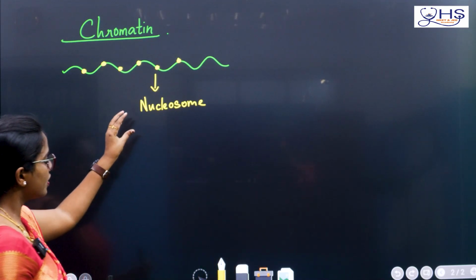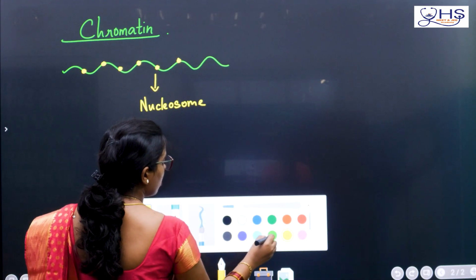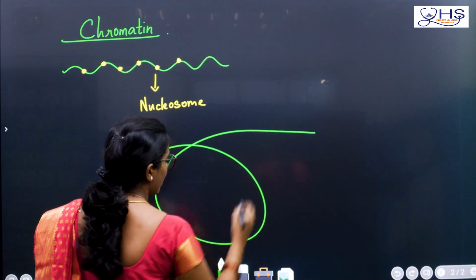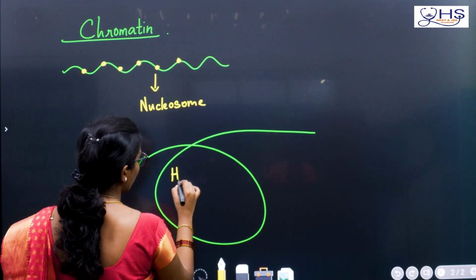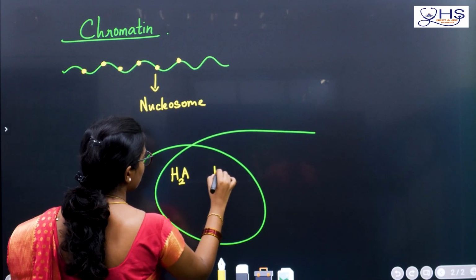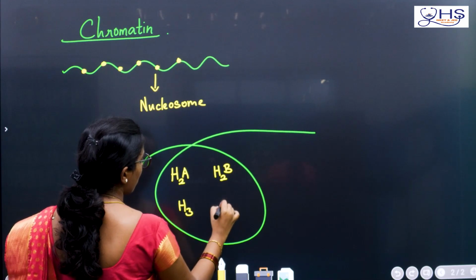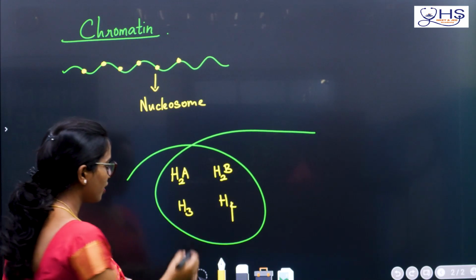Now, if we zoom in on the nucleosome, what is this nucleosome actually made up of? It is made up of proteins called histones: H2A, H2B, H3, H4. These are proteins.